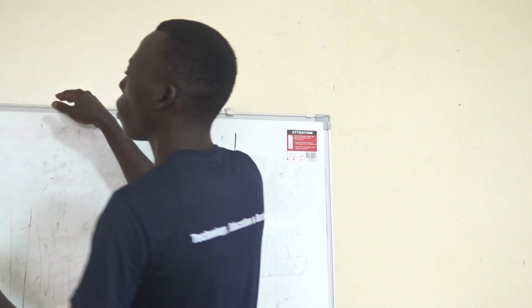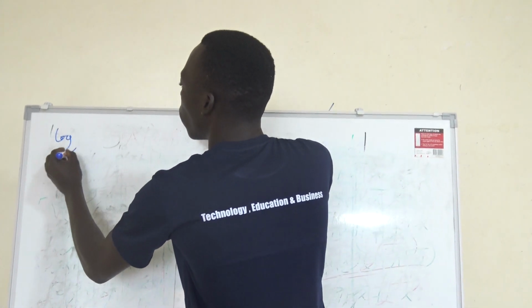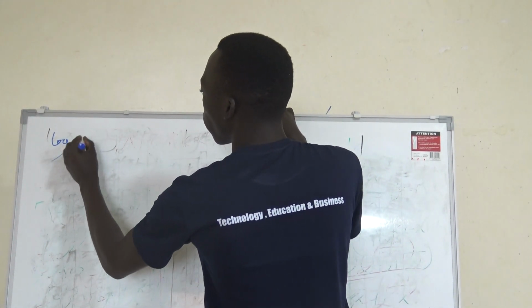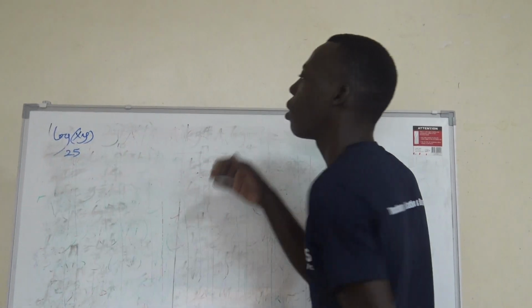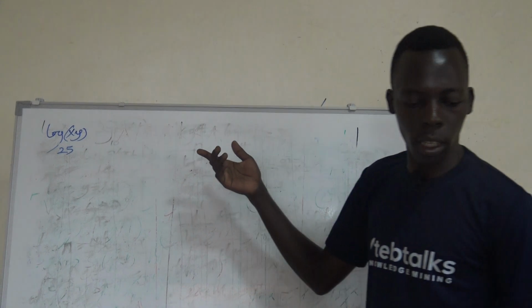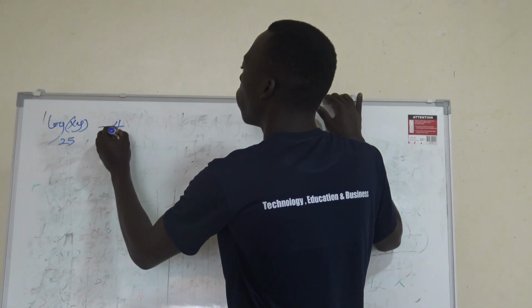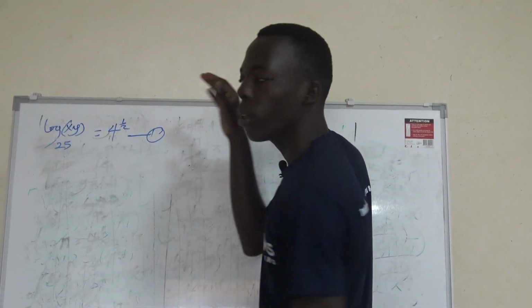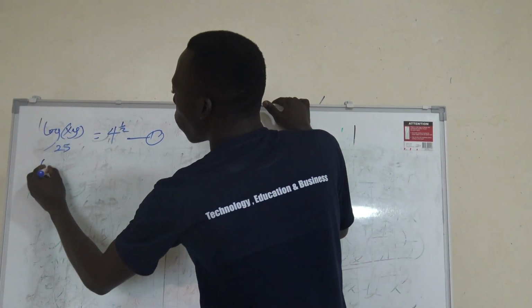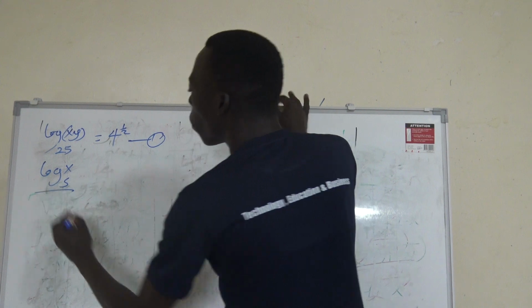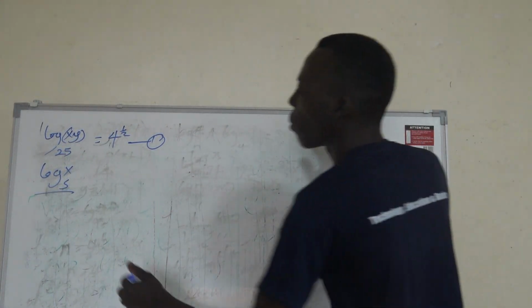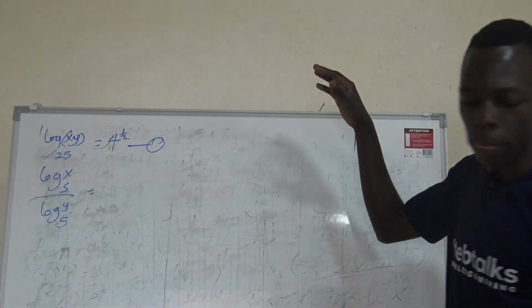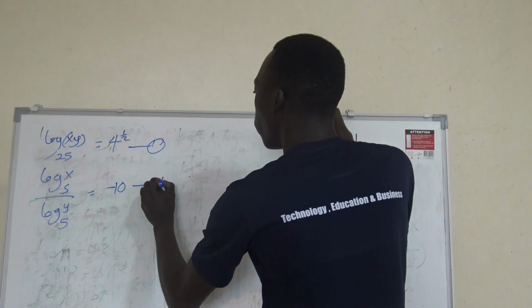For that case, if they have said log of xy base 25 equals 4 power a half as the first equation, and the second equation is log of x base 5 minus log of y base 5 equals -10 as equation 2.